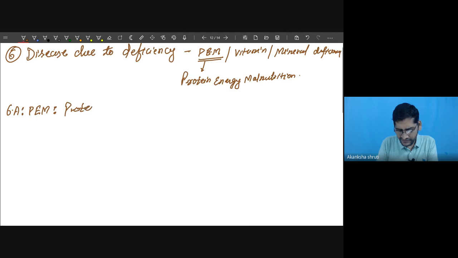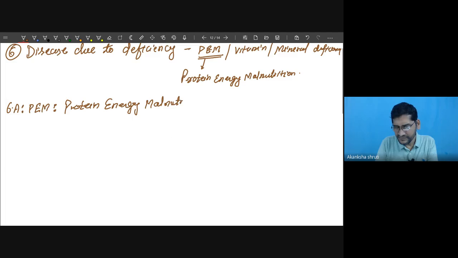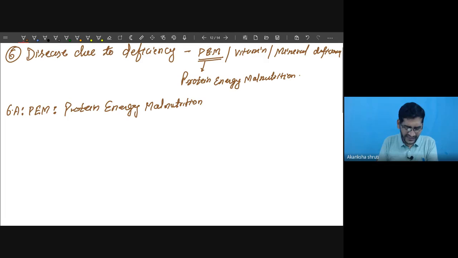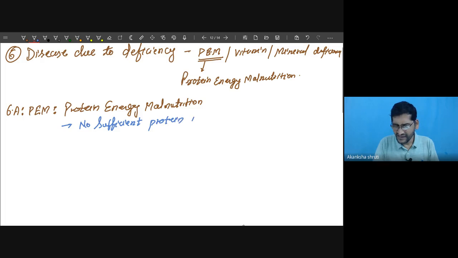So write that as PEM, protein energy malnutrition. What are the diseases? In this case, there is no sufficient, meaning adequate, protein in food or diet.